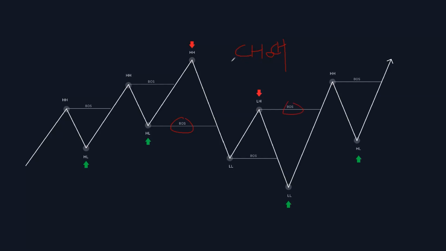Over here I put break of structure. The terms change of character and break of structure are used quite interchangeably. That means you can use either, as I mentioned, it's just a name. But what we look out for, you can see in this illustration, is the market breaking structure as we go higher. In this phase, we're in a bullish market structure. Then at some point, eventually the market will reverse, and you realize that this one takes out this low.